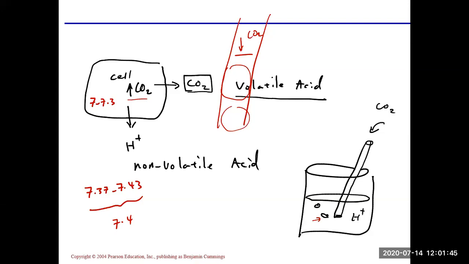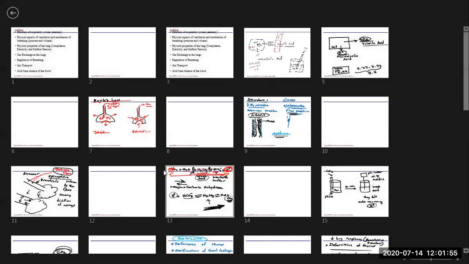So for that, you need to understand a very important equation. And that equation, if you recall, was as follows. The equation was carbon dioxide combined with water gives you, by the way, this can go both ways, H2CO3, which is known as carbonic acid.